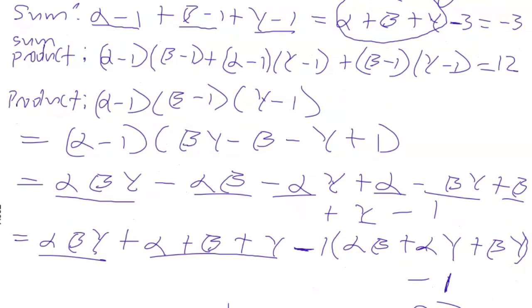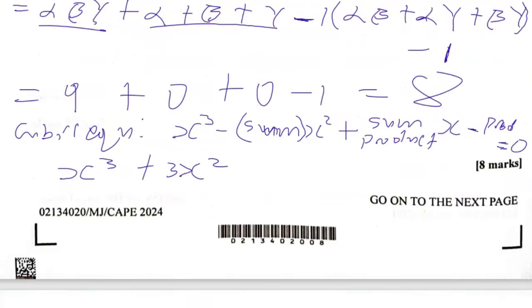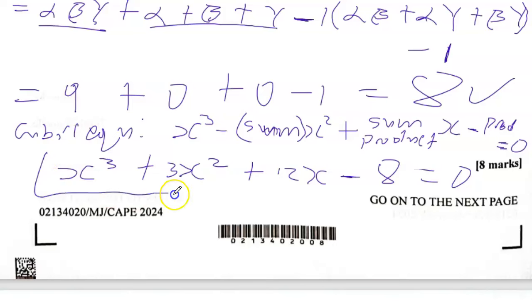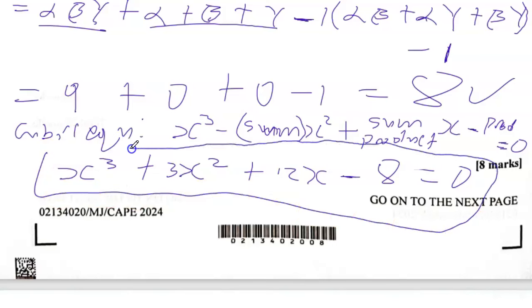So that's 12x, and the last thing we found, the product, we found it to be 8. So minus 8 equals 0. So that's our solution. x cubed plus 3x squared minus 12x minus 8 equal to 0.